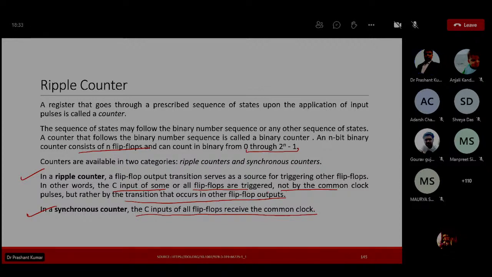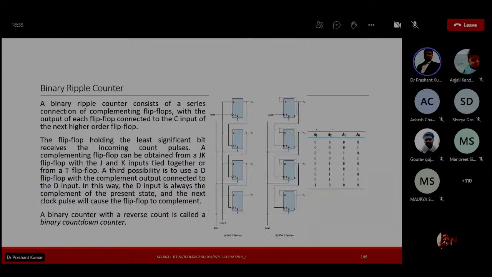Fine. So first is the ripple binary counter. In a ripple binary counter, it consists of a series connection of complementing flip-flops, and the output of each flip-flop is connected to the C input of the next higher order flip-flop. So see here. This is the input counter. This is the clock. And this clock is not common actually.